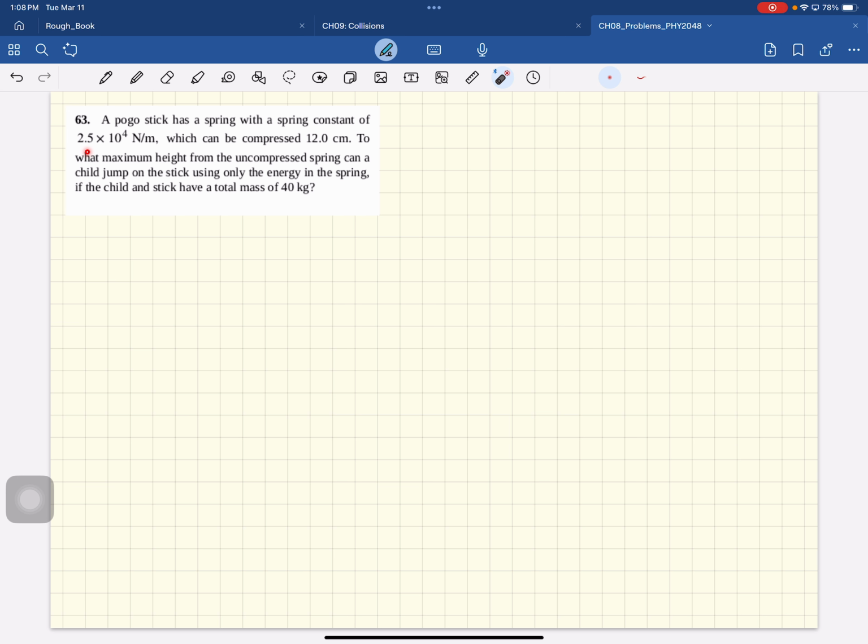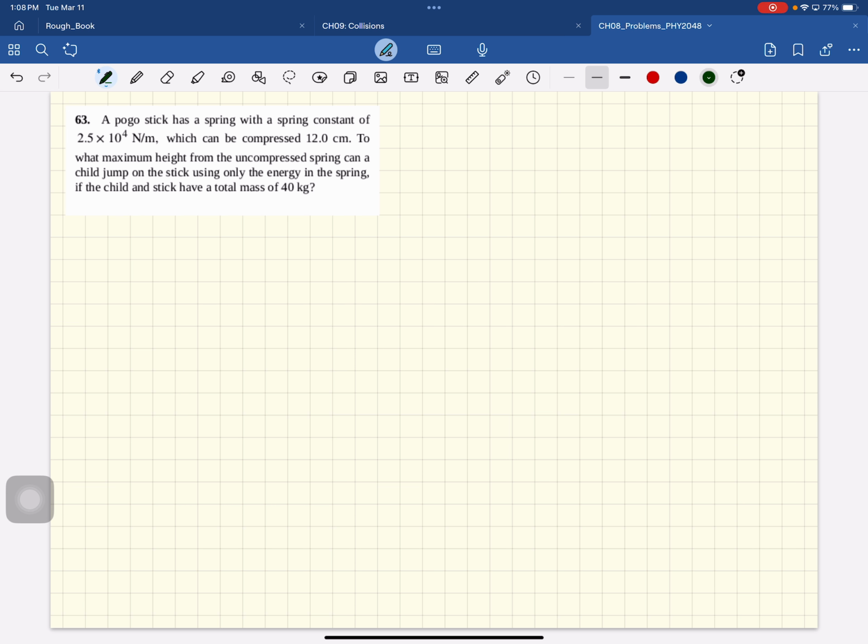With 25,000, that's 50 people who would have to stand on that spring to compress it 1 meter, so that's a very strong spring. It can be compressed 12 centimeters. To what maximum height from the uncompressed spring can a child jump on the stick using only the energy in the spring, if the child and the spring have a total mass of 40 kgs?